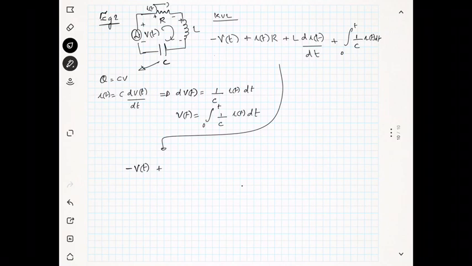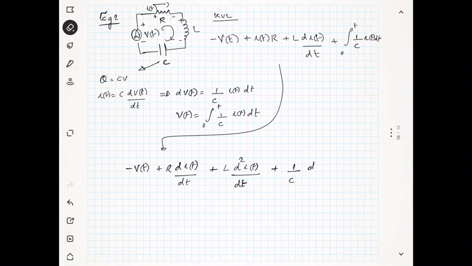So you can write this equation in another way: minus V of t is equal to R into di of t over dt, plus L into d square I of t over dt square, plus, because to remove the integral you can take one more derivative, 1 by C into I of t, right?